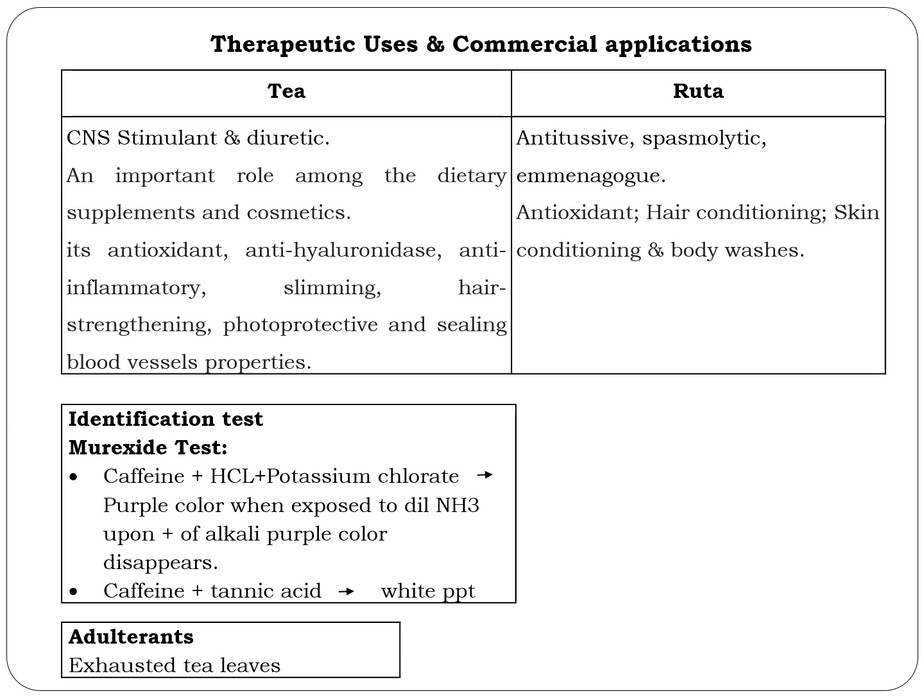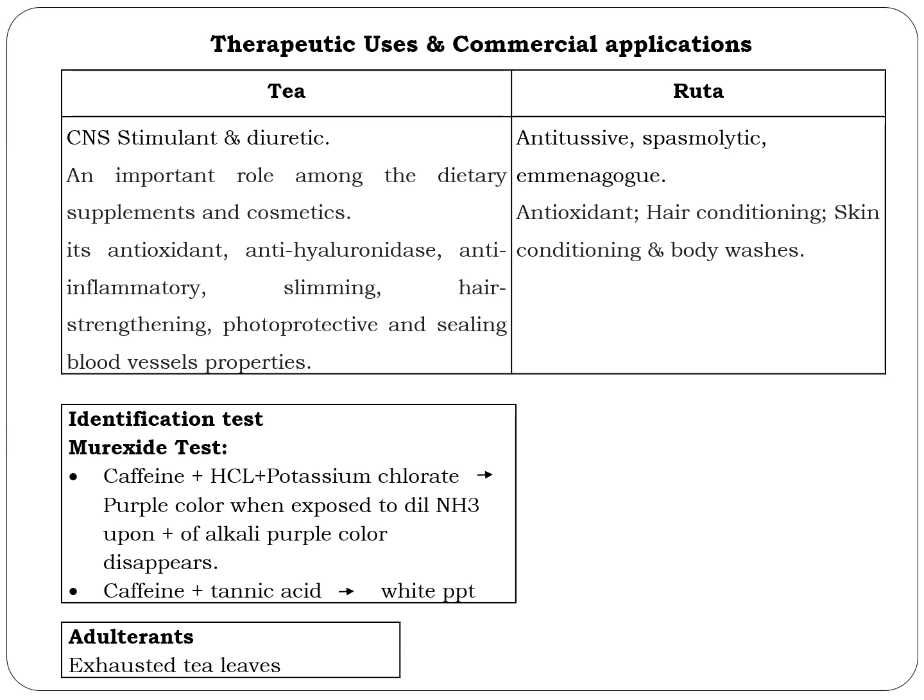Let us discuss the identification test of tea. Caffeine is a pseudo-alkaloid, so it is undetectable using alkaloidal reagents. Hence, the specific murexide test is used to identify caffeine. When caffeine is treated with HCl and potassium chlorate, it results in a purple color.